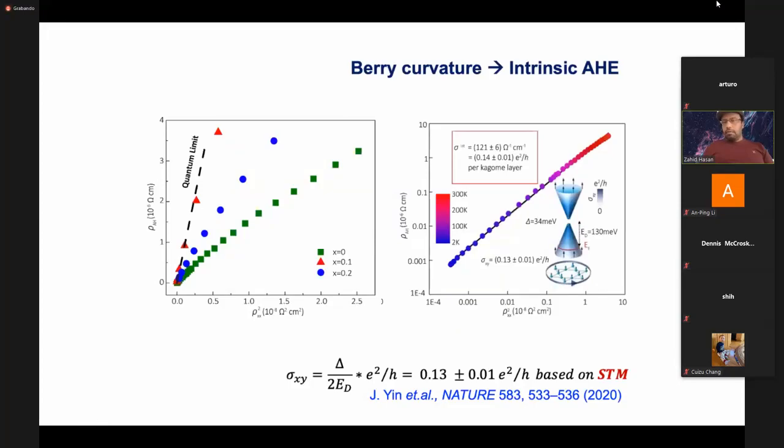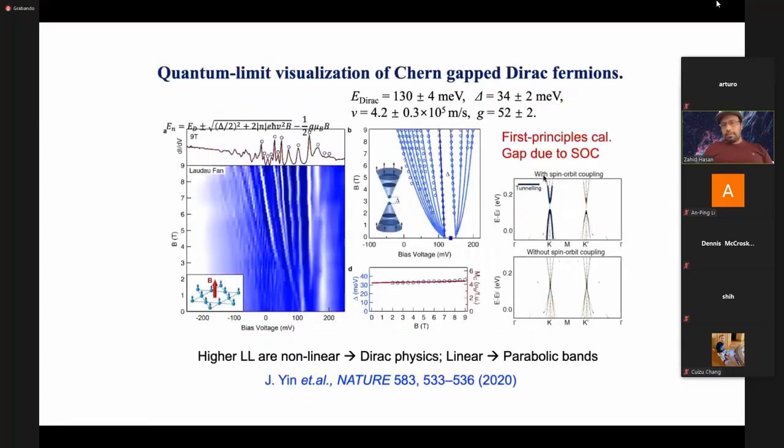Now, we can also get many of these numbers by fitting transport. This is anomalous Hall transport, anomalous Hall resistivity, done by Shuangzi's group. When they fit their transport data, they get that the gap is about 34 millivolts and the Fermi level is about 130 millivolts away from the Dirac node, which is in fantastic agreement with what we got from STM.